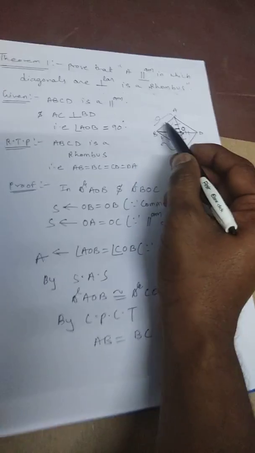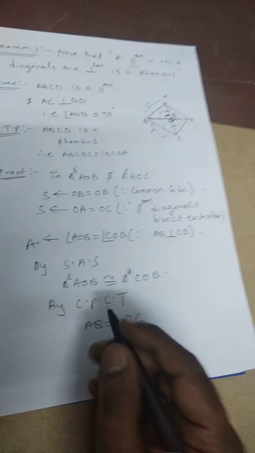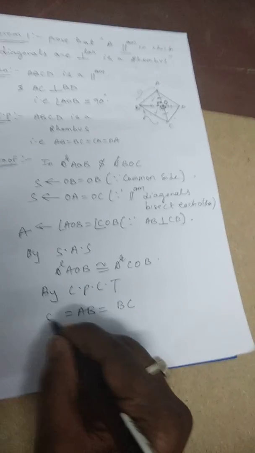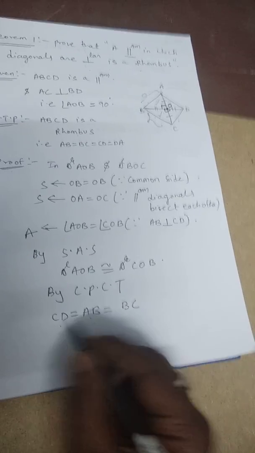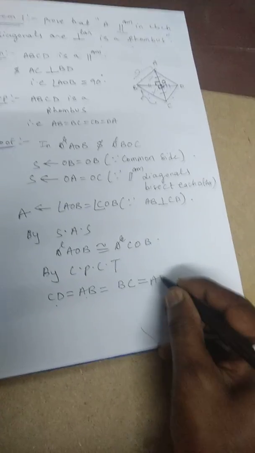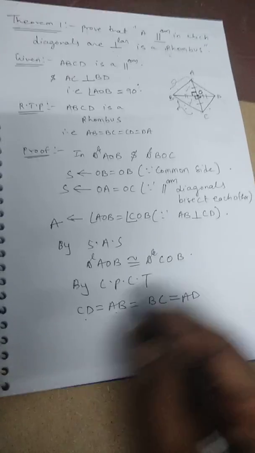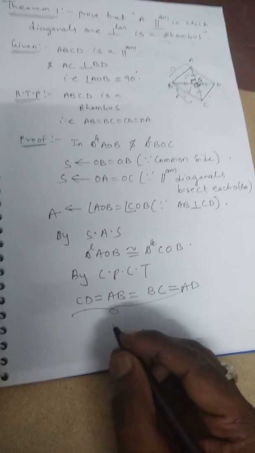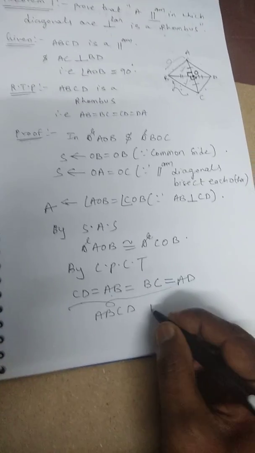But AB and CD are opposite sides, so they will be equal. AB is equal to CD, and BC will be equal to the opposite side AD, because ABCD is a parallelogram. Because ABCD is a parallelogram, opposite sides will be equal. Therefore all four sides are equal. Therefore ABCD is a rhombus.